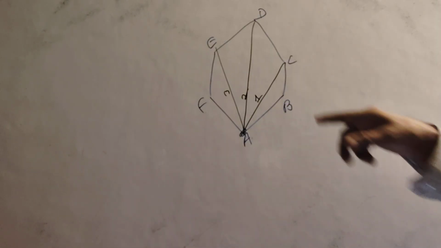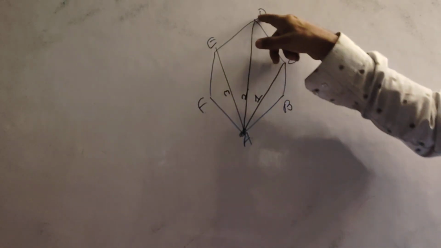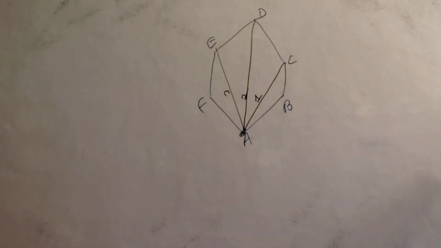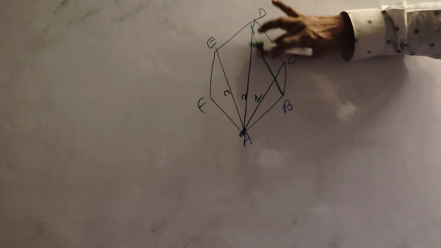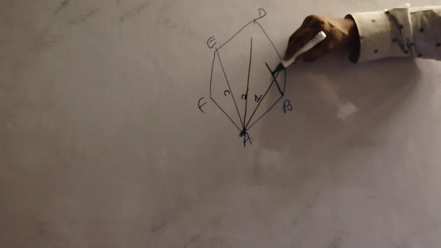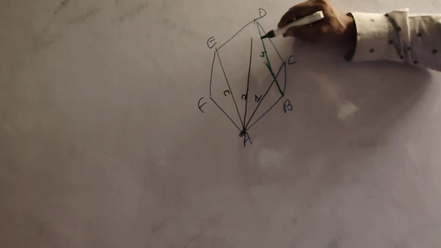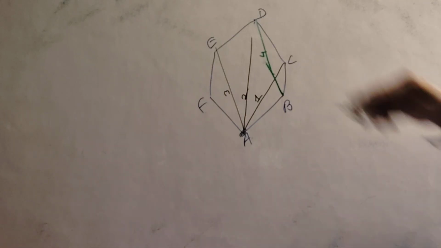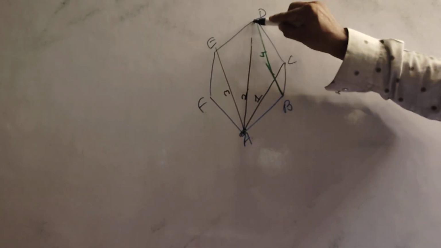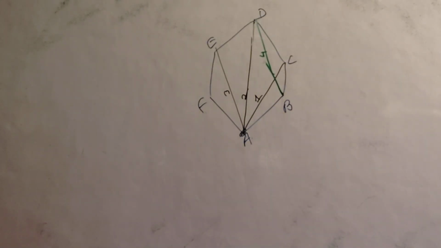Now come to B. From B, the first diagonal is BD, diagonal number 4. After BD, the next diagonal is BE.